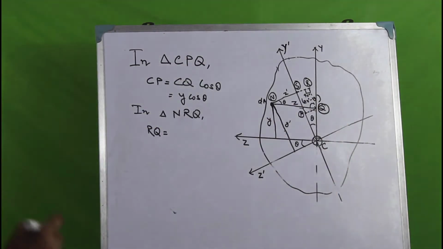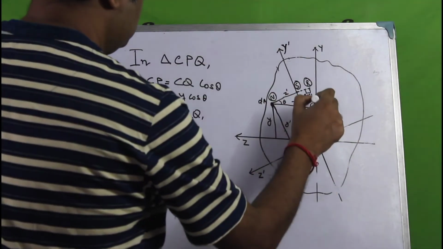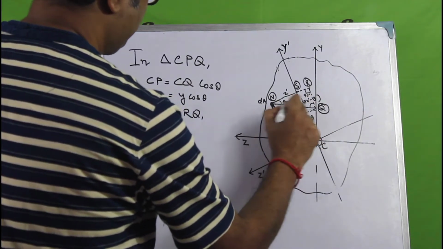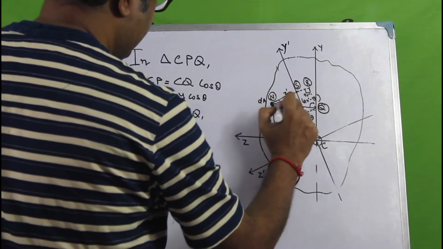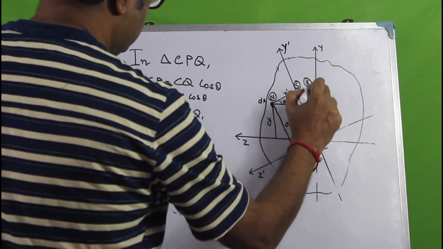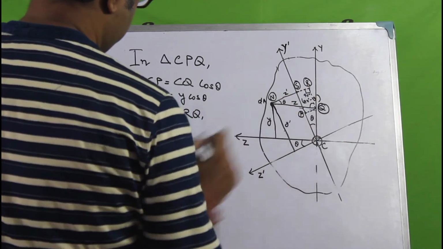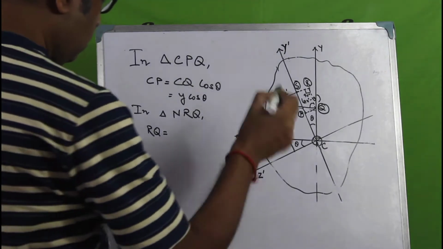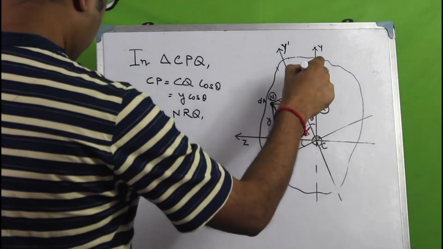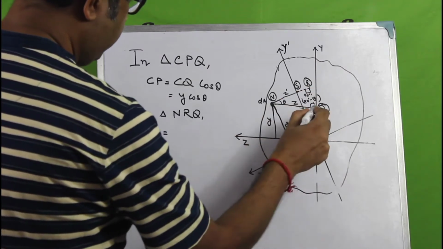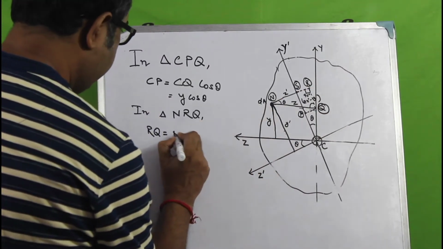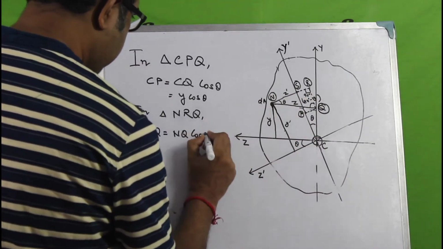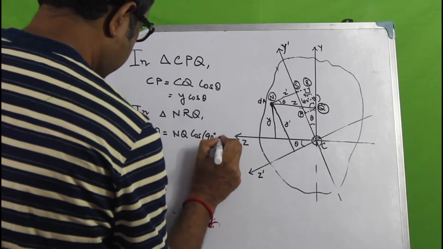So that would mean that RQ by NQ. Of course, if this is the right angle triangle, this is the hypotenuse. So this would be base by hypotenuse. That would be cos theta. So we'll have RQ as NQ cos theta, or 90 minus theta, because this angle is 90 minus theta.